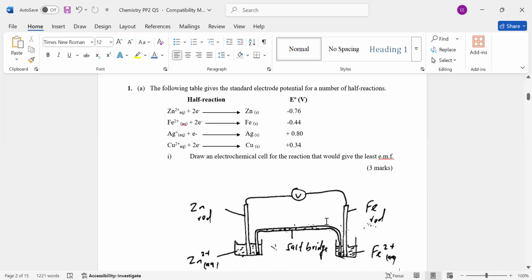For example, if we were drawing an electrochemical cell for zinc and bromine, I'm giving a very important concept. Remember, bromine at room temperature is a liquid, not a gas. It's a liquid.